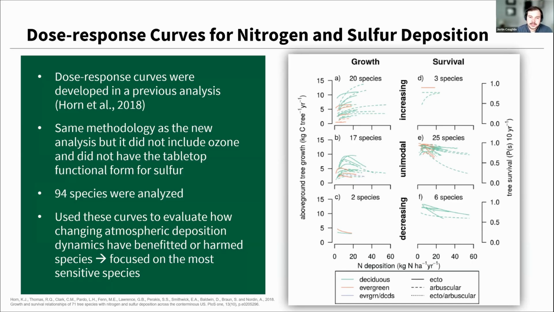It's essentially the same methodology that Chris ran through, except the Horn et al. publication did not include ozone, and it also did not have that sigmoidal function for sulfur. So we use these curves to evaluate how changing atmospheric deposition dynamics have either benefited or harmed species, and we mostly honed in on the most sensitive species.